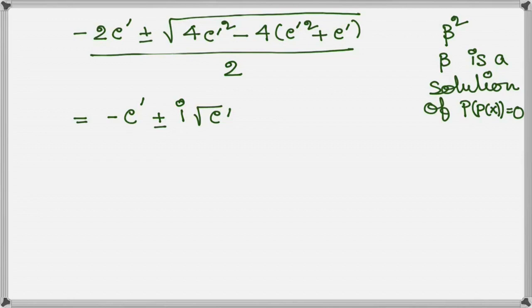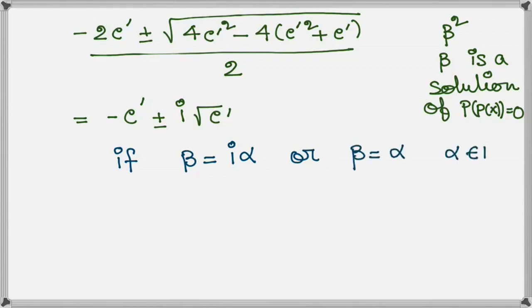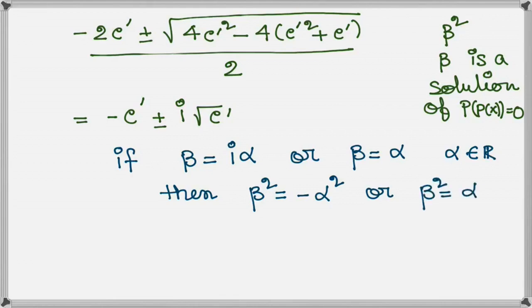So we see that solutions of p of p(x) is equal to 0 are neither real nor purely imaginary, because if beta is of the form say i alpha or beta is of the form alpha where alpha is real, then we get beta square is equal to minus alpha square or beta square is equal to alpha square.